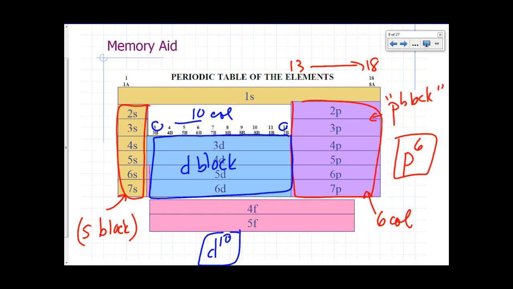And for an s block, the most number of electrons you can put in an s subshell is 2. So a good way to remember that these 2 columns represent the s block is that the most you can put in an s subshell would be 2 electrons. And if you look at this one, you'll notice that this f block consists of 14 columns. The most number of electrons you can put in an f subshell is 14.